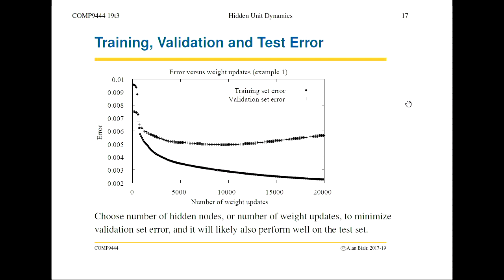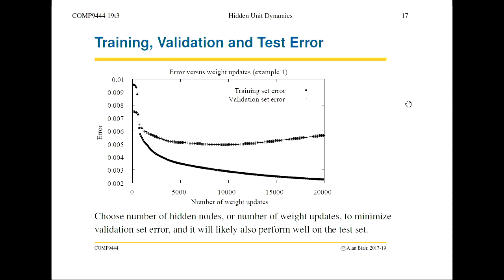The dark line underneath is the training error plotted over time based on the number of weight updates. If we have a certain amount of training data, every time we go through the training data, that's called an epoch. So here, this is where we've been through all the data 5,000 times, and then 10,000, and then 15,000.